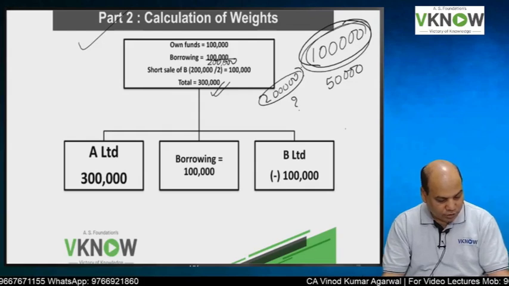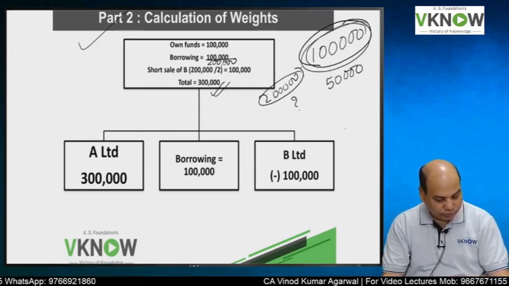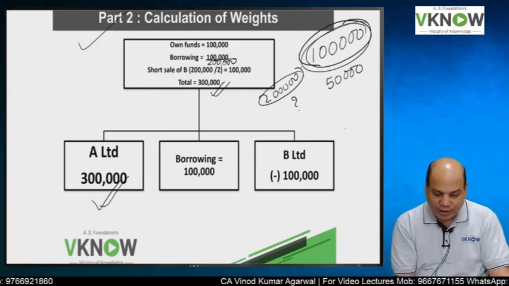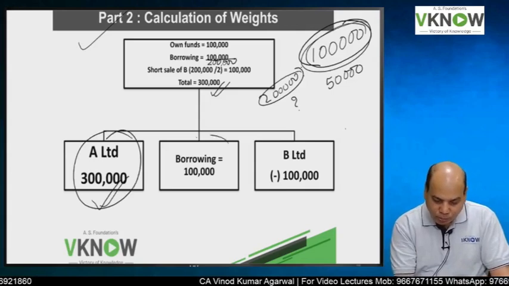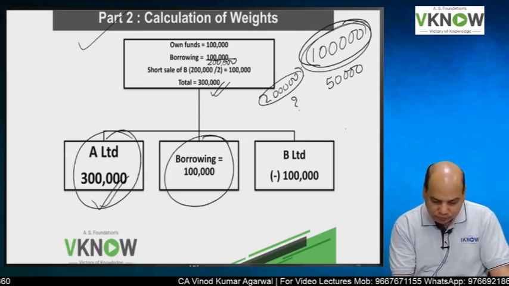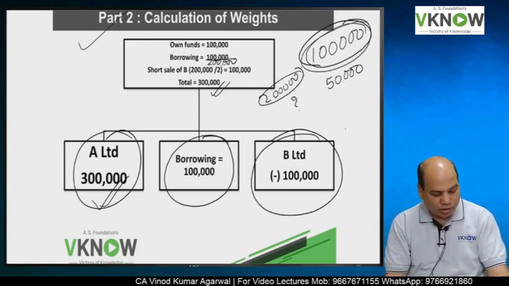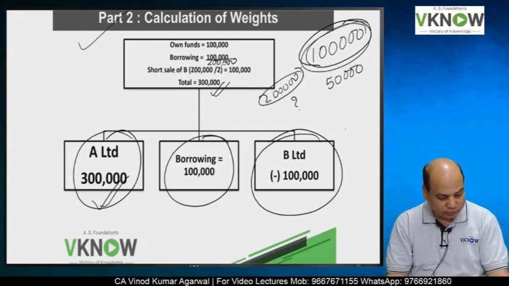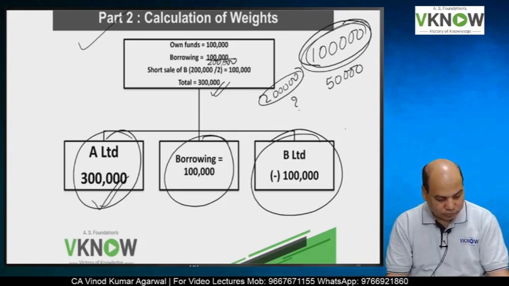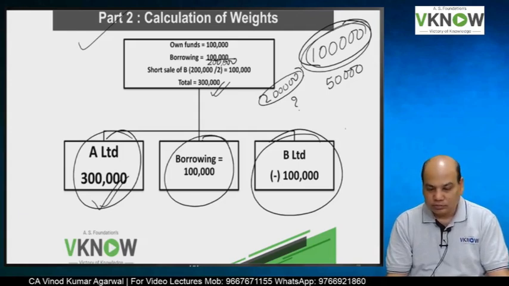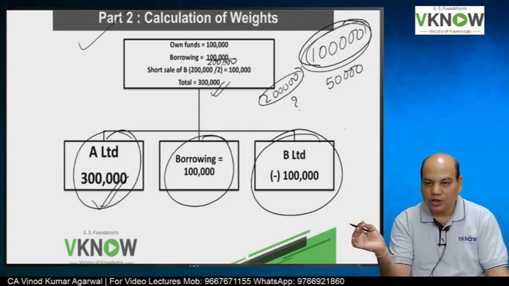Now the breakup of that 3 lakh is A Limited 1 lakh, borrowing is 1 lakh, and B Limited is minus 1 lakh. Why minus 1 lakh? Short selling.